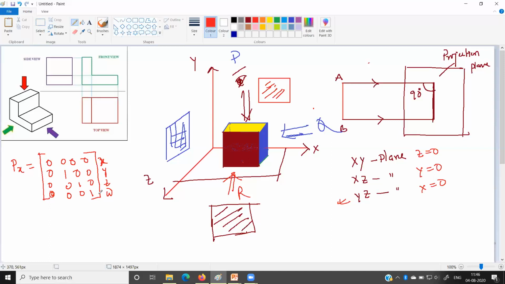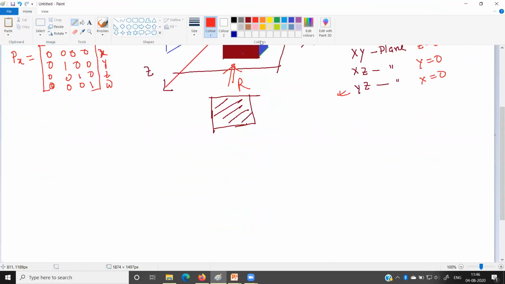Now similarly, if you want to project in the XZ plane, the value of y coordinate will be 0. In that case the transformation matrix will be PY, and it will be written like this.